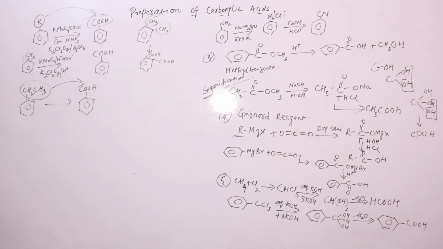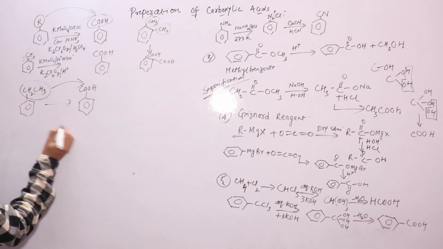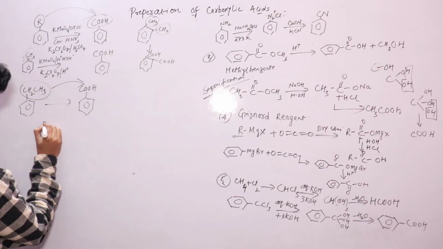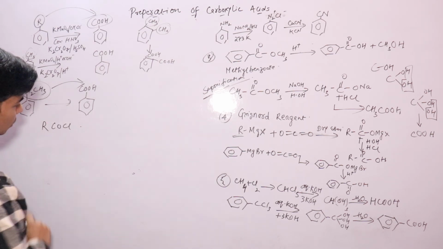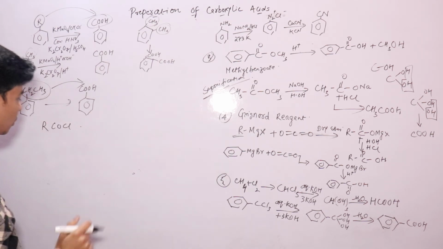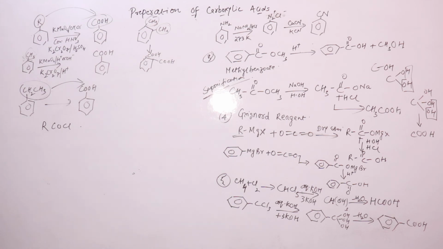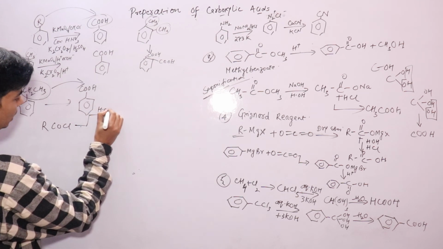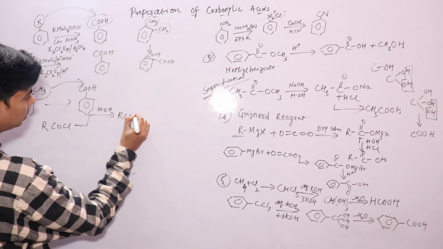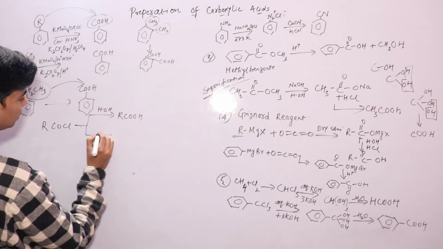Now there is one more reaction, preparation from acyl halides. Acyl halides, you know, is RCOCl. Now this acyl halide will undergo hydrolysis with water to form carboxylic acid.